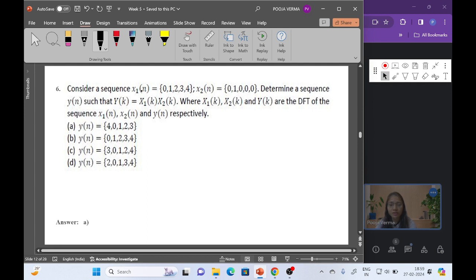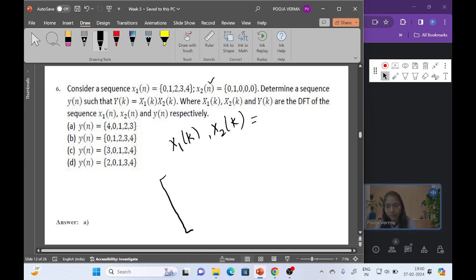So I will be solving the matrix convolution part here.